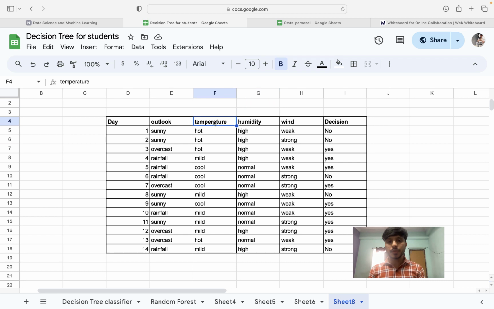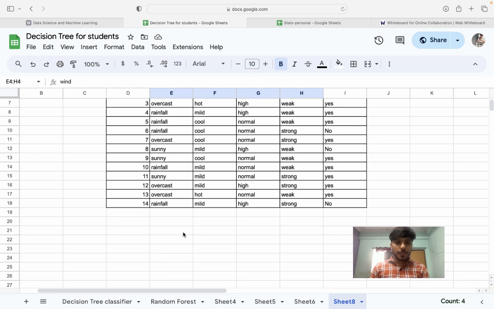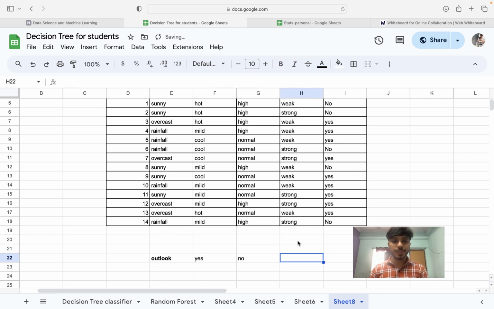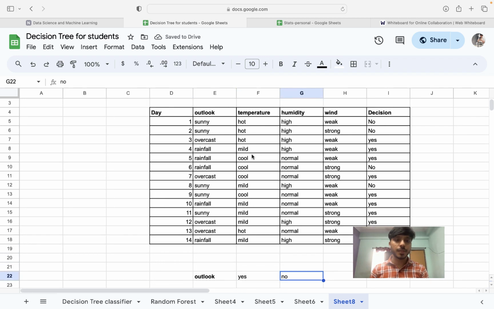Whichever feature gives me the lower Gini impurity, that is the feature I'm going to consider as the root node. So let me start with outlook. That's the feature I'm going to pick first, and yes and no are the two classes for the decision.